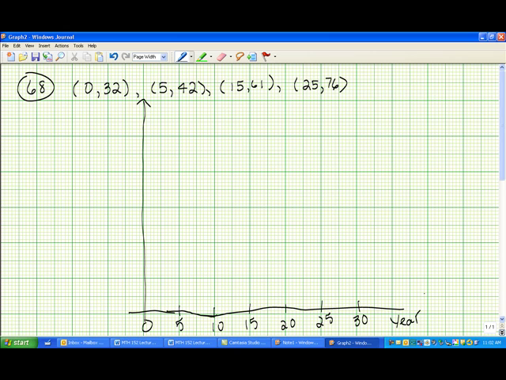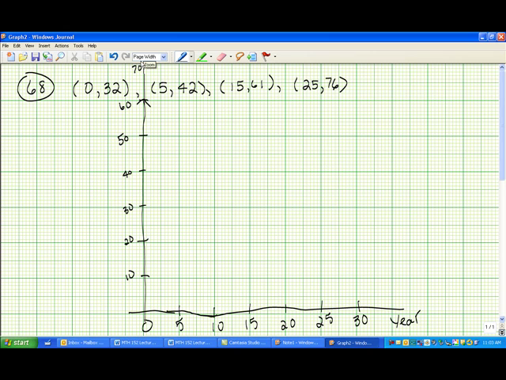And go up to 76. So 10, 20, 30, 40, 50. I don't quite have enough, so I won't quite finish that, get that 1 point up here. I got up to 70, so I should have planned a little bit more space here.